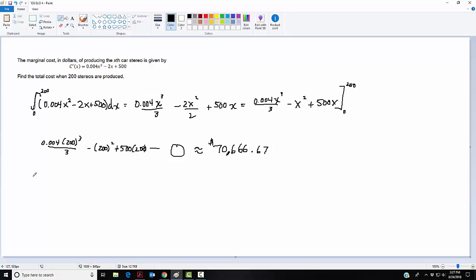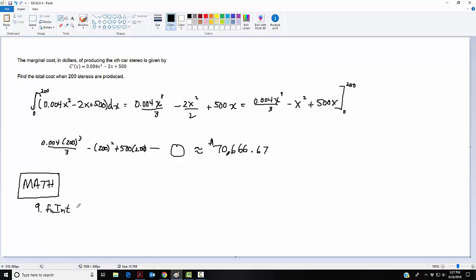The shorter way to do that is to just go to your graphing calculator, go to the button Math, and you want to scroll down to number 9 where it says fnInt.